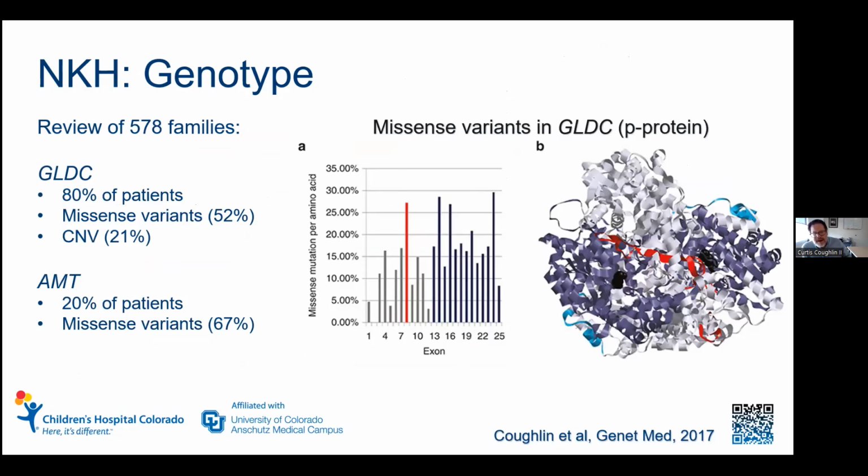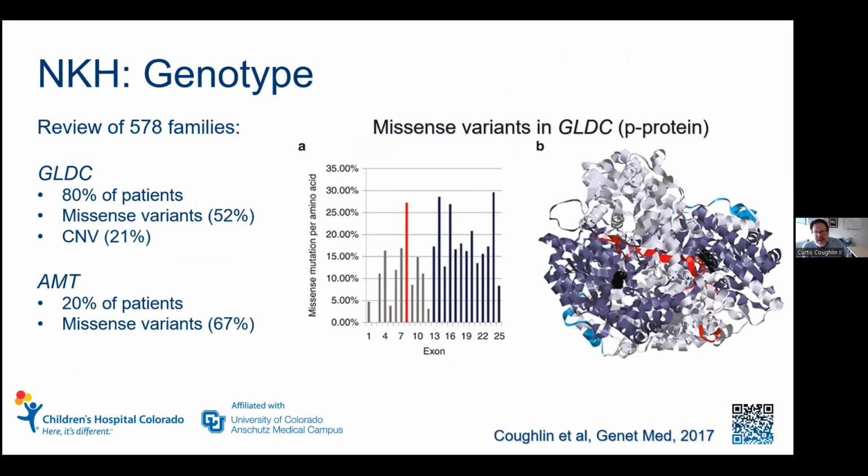Let's talk a little bit about the genotype. This is a paper that we published 6 years ago now, where we reviewed almost 600 patients with NKH and looked at the genetic frequency of this disease, as well as tried to make some genotype-phenotype correlations.